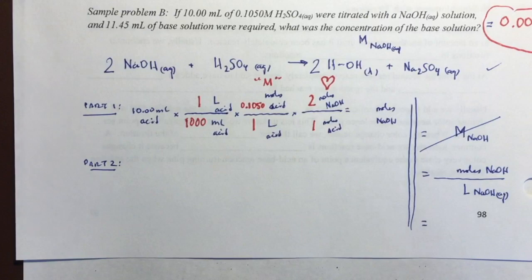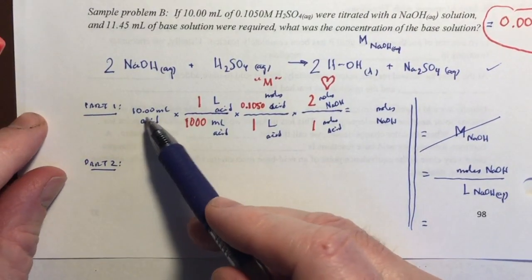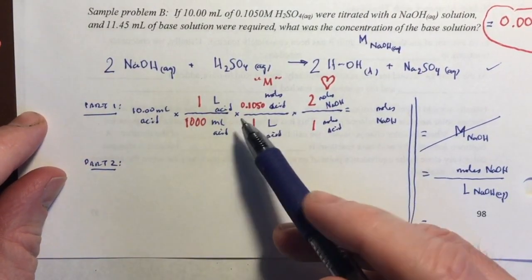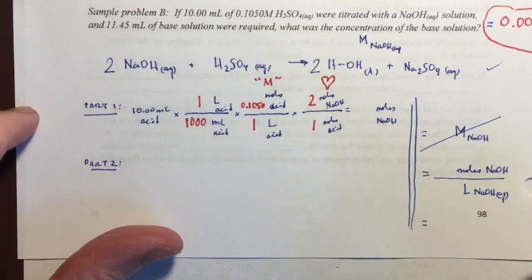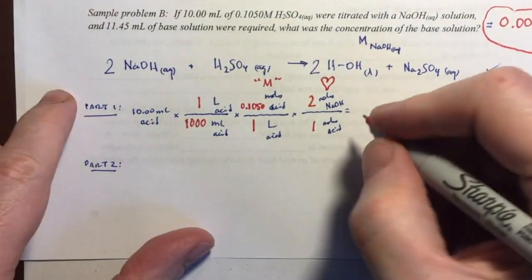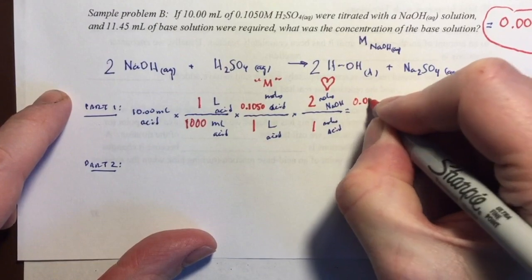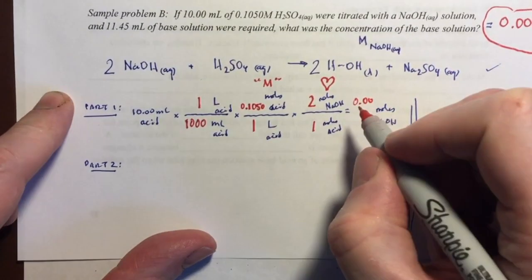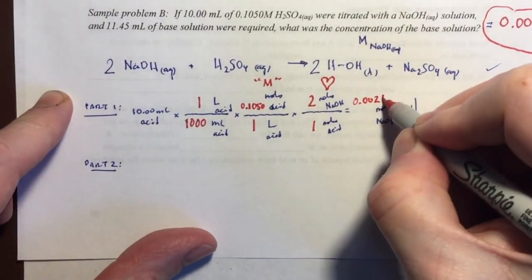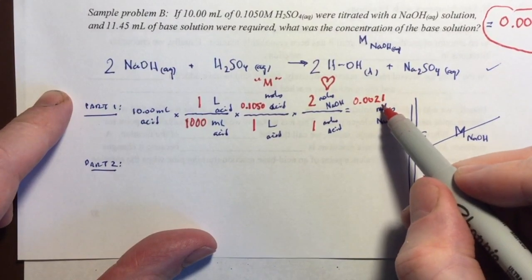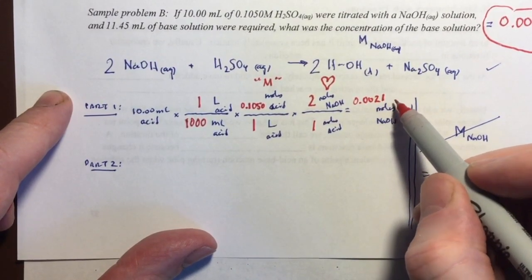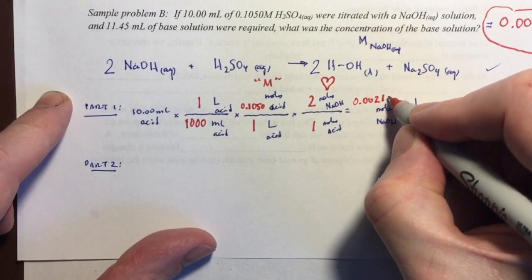And if I do that math, remember I need 4 sig figs here. My calculator only gives me 2 sig figs, 0.0021. But the calculator has thrown away my significant figures, so I know I need 4 of them.